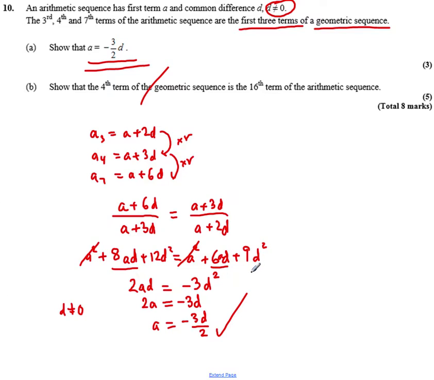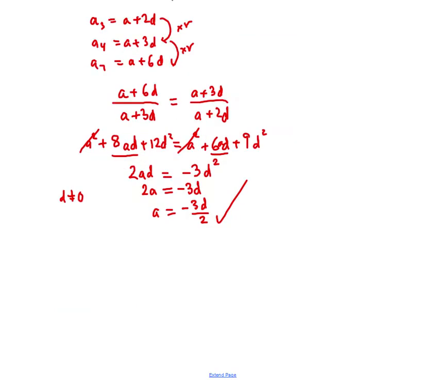Show that the fourth term of the geometric sequence is the 16th term of the arithmetic sequence. Well, the first thing we can do is find the next term of the sequence, and then we are going to find a16 and show that these things are the same.